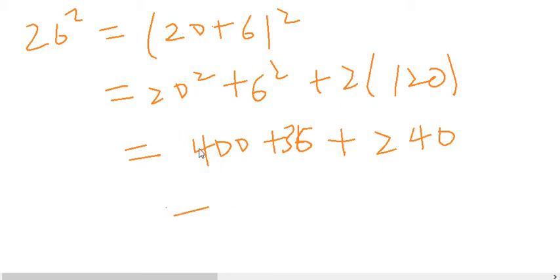So this will be 640. 640 plus 36 is 676. So this is how we calculate the square of numbers.